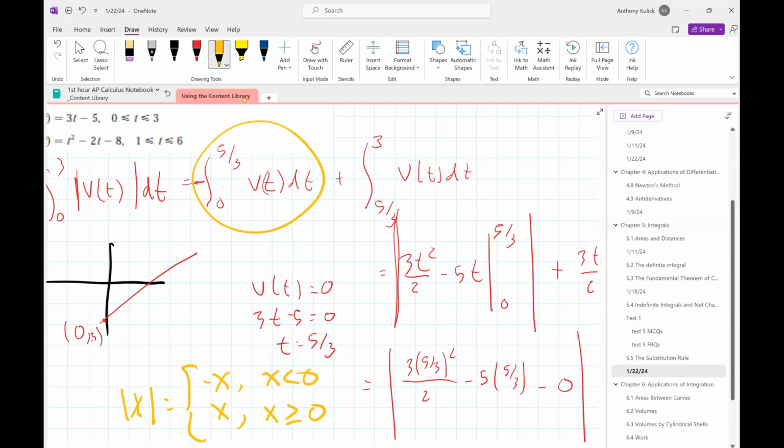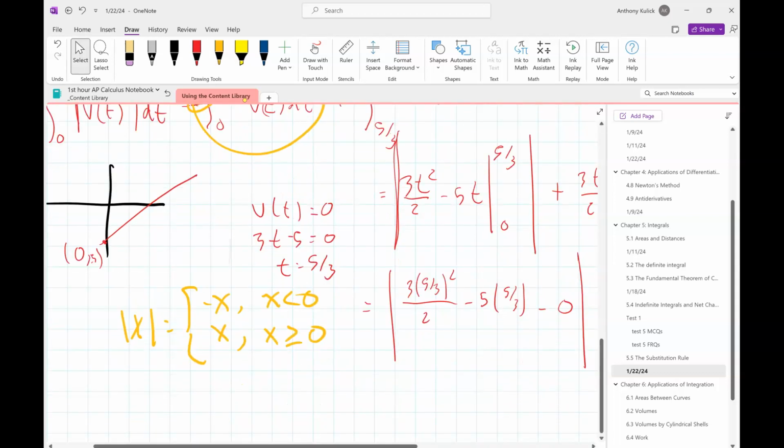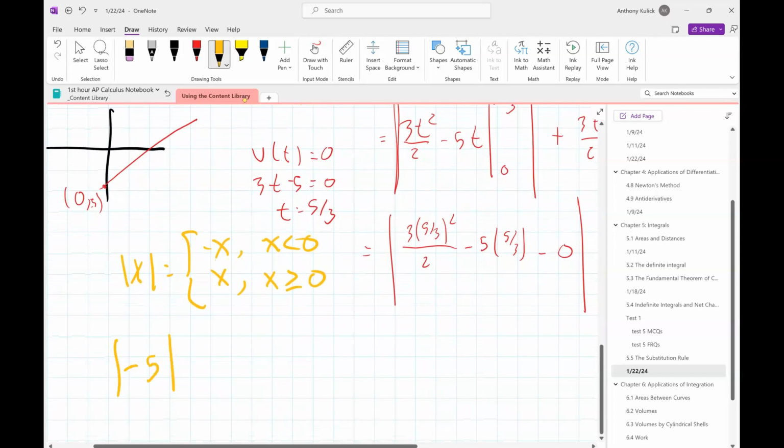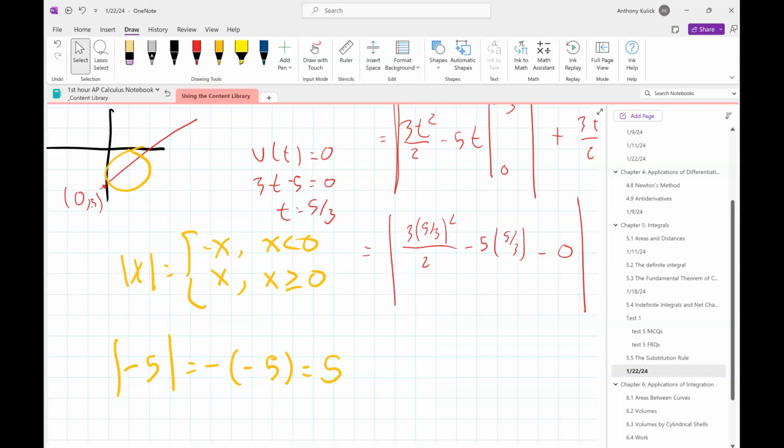If I know the value is negative, I just make it negative. Like if I do the absolute value of -5, I know this is going to be a negative area, so to take the absolute value of it, I just take the negative of it. Yeah. Okay. You're welcome. Does that feel good?